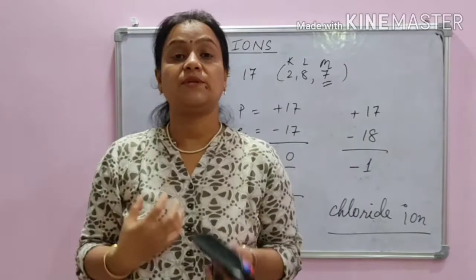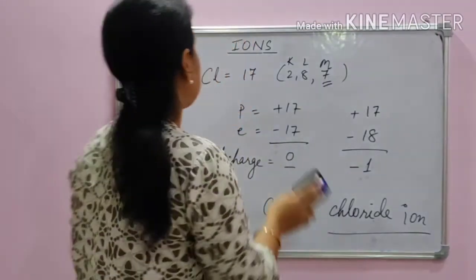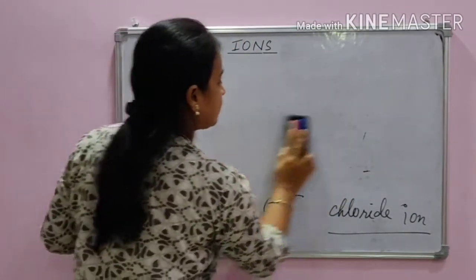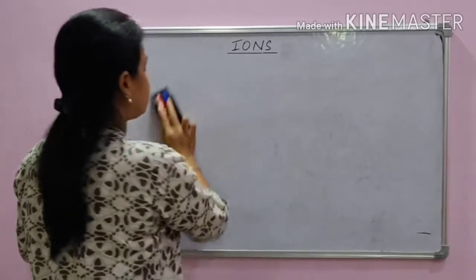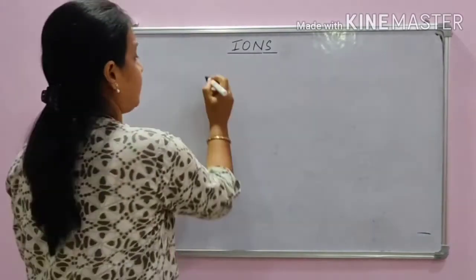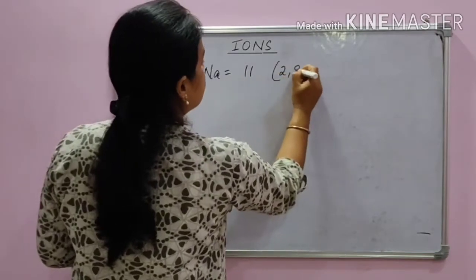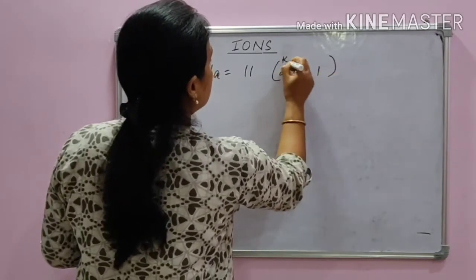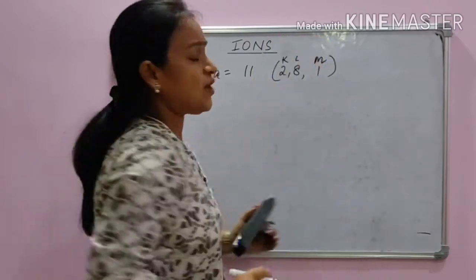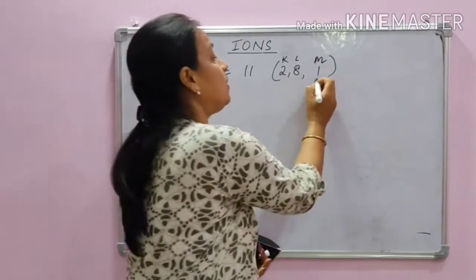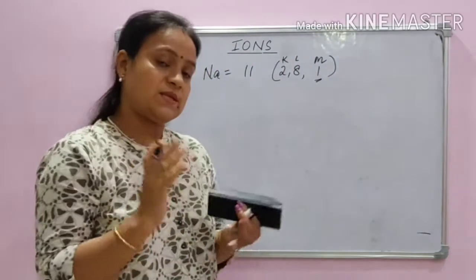Now let us see some positively charged ions. Let's take the example of sodium. Sodium has atomic number 11. The electronic configuration will be 2, 8, 1. So the M shell is the outermost shell having only 1 electron. Now what is the capacity?